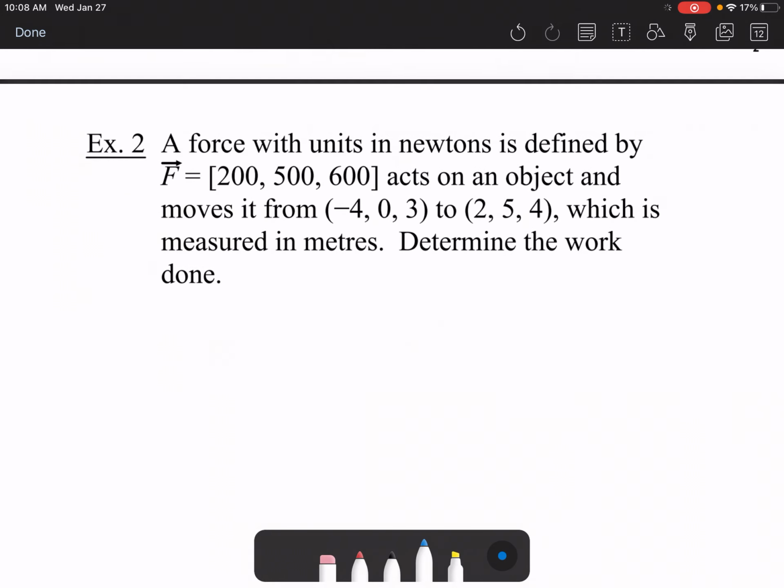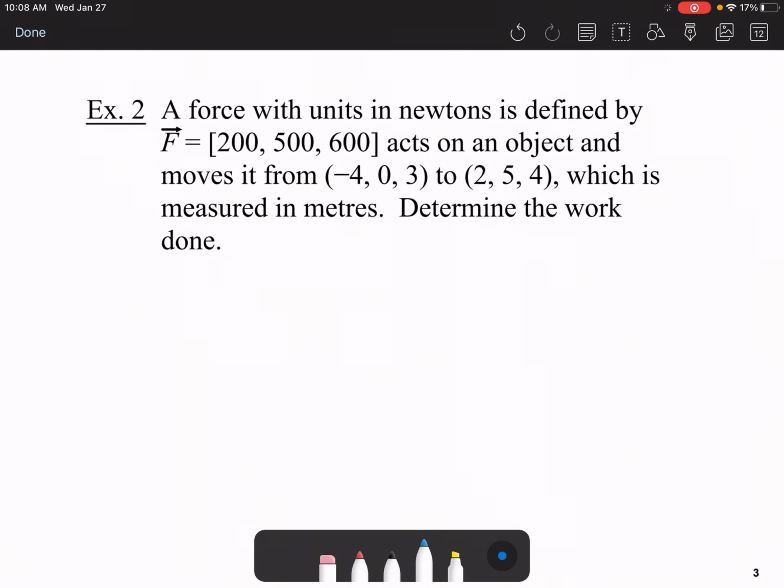Okay, let's take a look at another example. So, a force with units in newtons is defined as F equals 200, 500, and 600. It acts on an object, moves it from the point negative 4, 0, 3 to the point 2, 5, 4, which is measured in meters. Determine the work done.